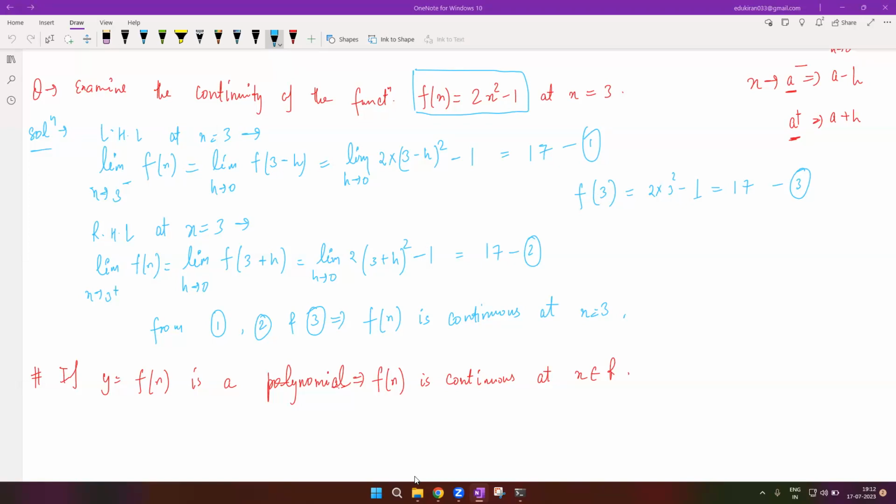And most used functions mane polynomials, trigonometric functions, all the 6 trigonometric functions, and then this modulus function, then greatest integer function, then exponential function, logarithmic function. With these 6-7 kind of functions, so I teach to every CBSE board student also, and we do know about these continuity and discontinuity.